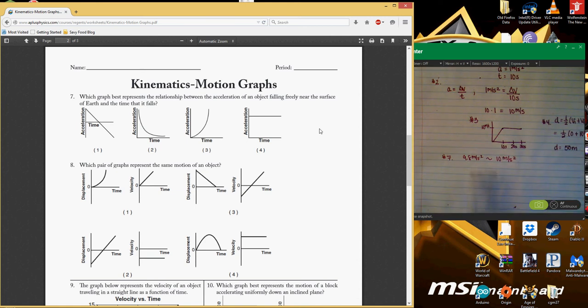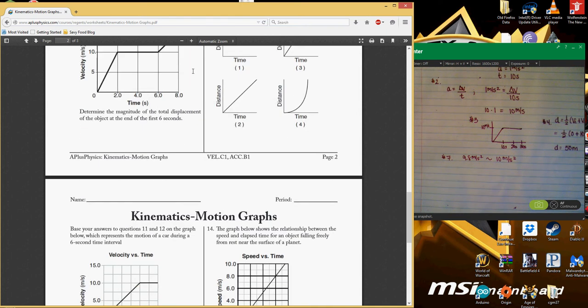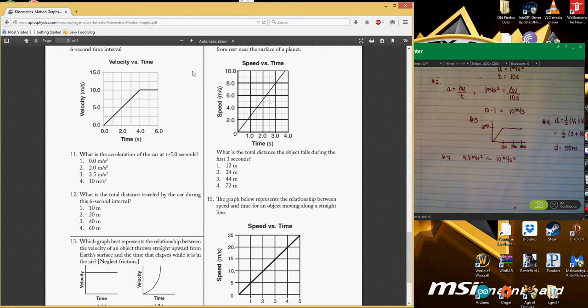Alright, question number 7, which is on the next page. Question 7 says, which graph best represents the relationship between acceleration of an object falling freely near the surface of Earth and the time that it falls? So if an object is falling freely, acceleration does not change over time. Acceleration is constant for Earth's gravity.